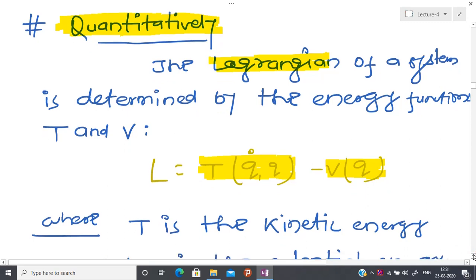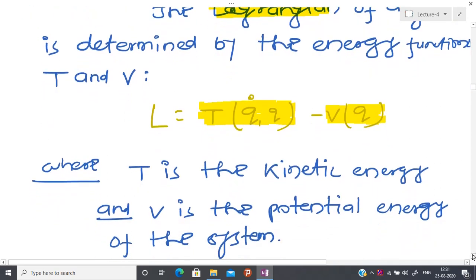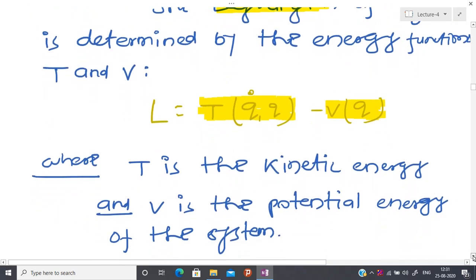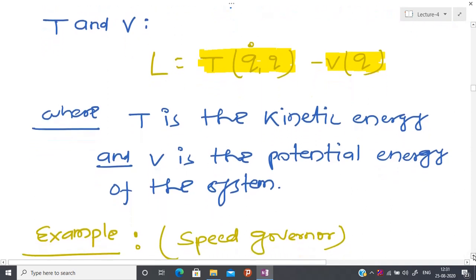And we are talking about a conservative field, meaning the system is moving under some kind of conservative force, and we know that work done in a conservative field depends just on the displacement.